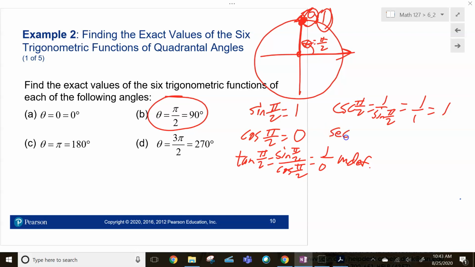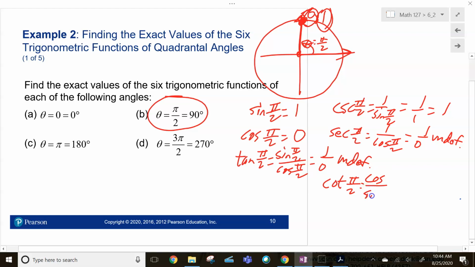Reciprocal of cosine, secant, is 1 over cosine. So 1 over 0, so this is undefined. And finally, the reciprocal of tangent, cotangent, is cosine over sine, 0 over 1, which is 0. Okay, and that's how you're going to think about those.